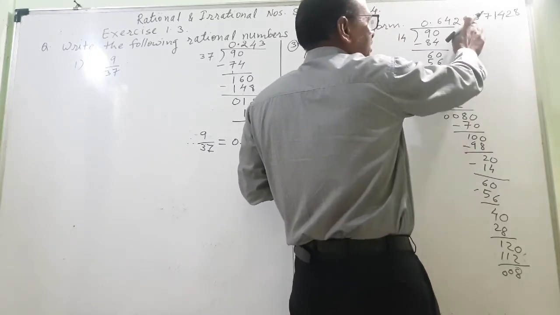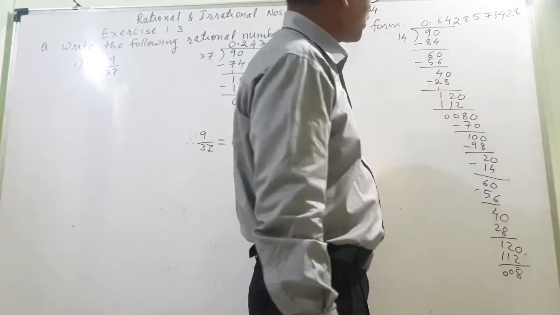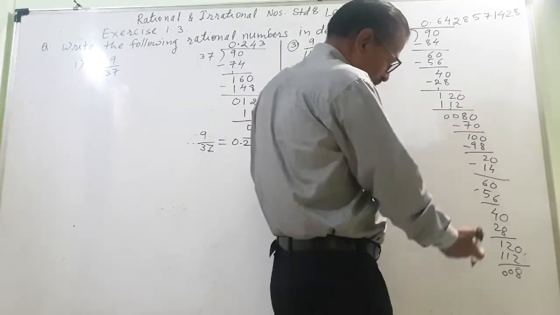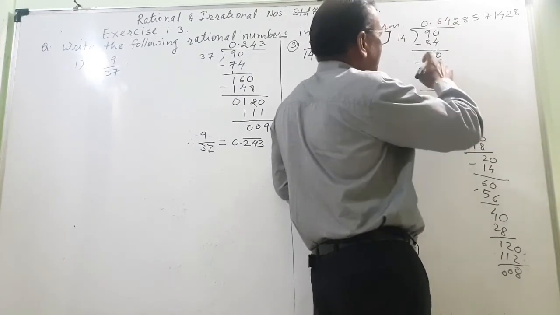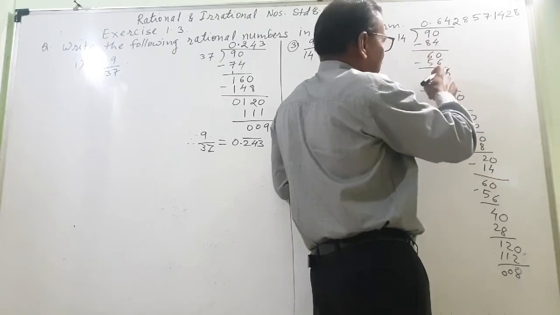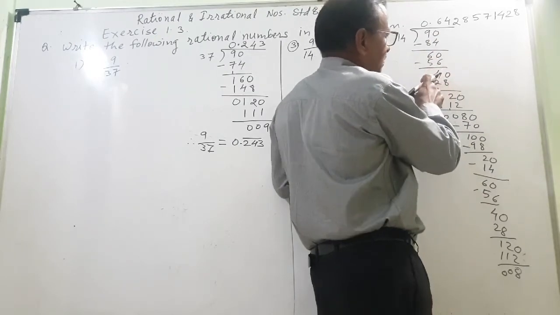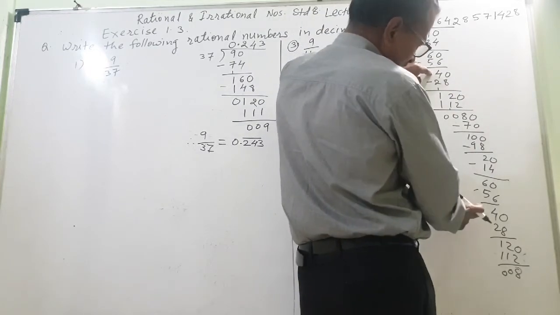Have you understood this? See here. Once again I am telling you. I have gone on dividing. First is 6. Then remains 6. Take this. Here remains 4. This 4 has repeated here.